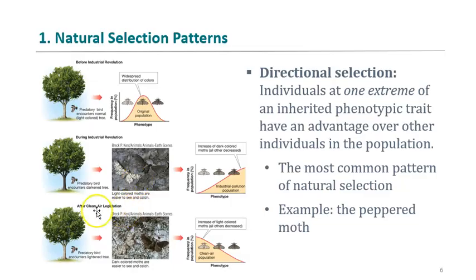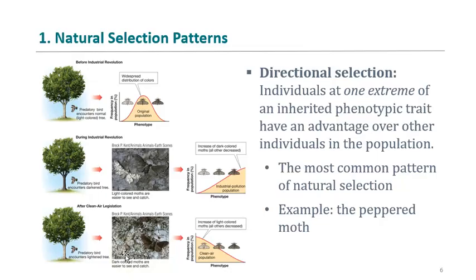Now, we also saw with the Industrial Revolution that the environment changed. Once they started to install pollution devices and not as much soot was released into the air, the bark of the trees became lighter colored again. And so now the darker moth is the one that stood out. The lighter colored moth, you can barely see right there, is the one that was better camouflaged.